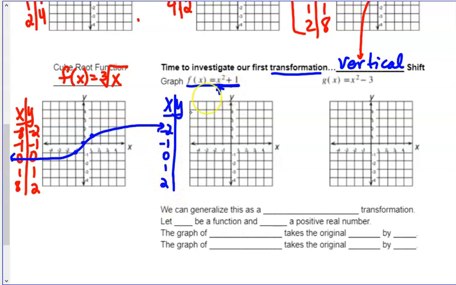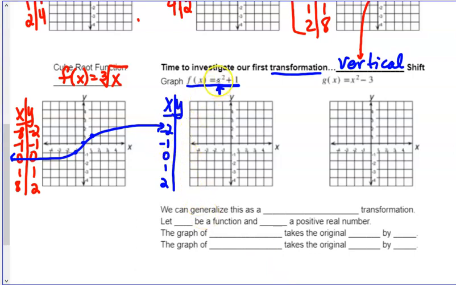Let's plug those in quickly into our function to figure out what our output y values are. You can do this all day long, making a t-chart and plugging in values, but it takes so much longer to find exactly where your graph is. If you know the patterns and generalizations of what happens on these functions, it becomes a lot easier.